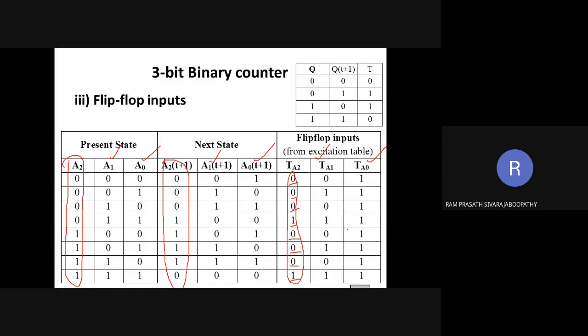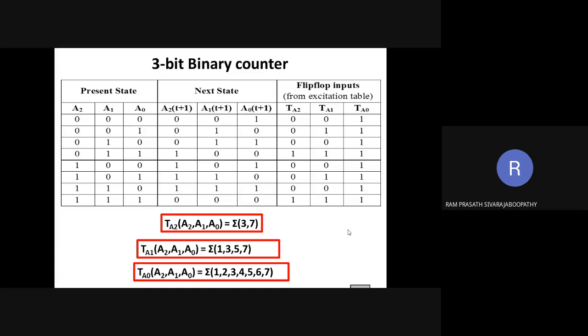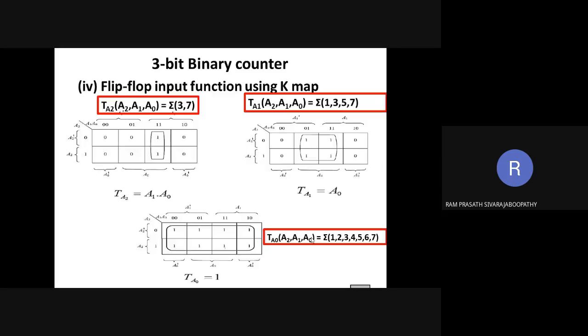See, after we obtain the table, we have to write the min terms. Clear? So here it is in order, so no need to worry. Clear? So this you have to solve for TA2, TA1 and TA0. Fine?